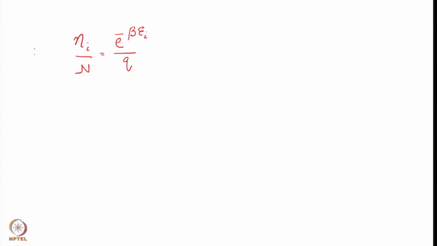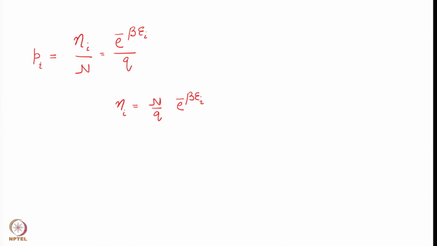Ni upon N is population of ith state. That means from this expression I have Ni is equal to N by Q into exponential minus beta Ei, where i is any ith state.